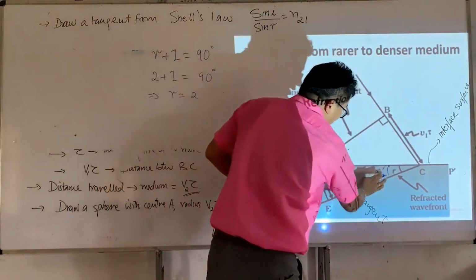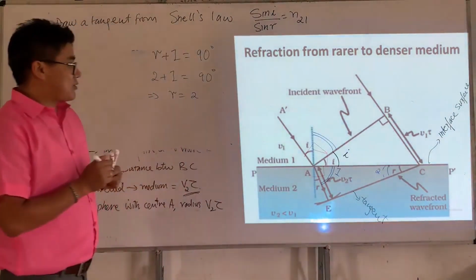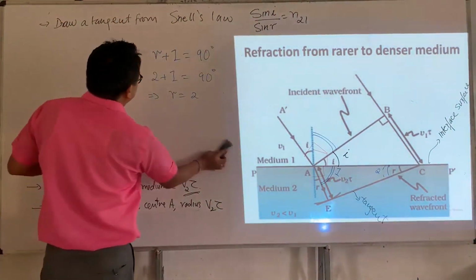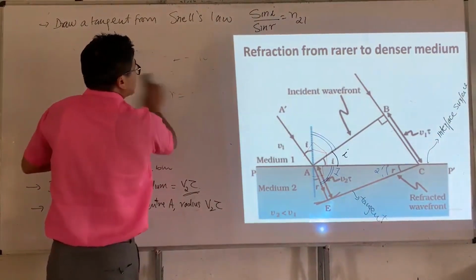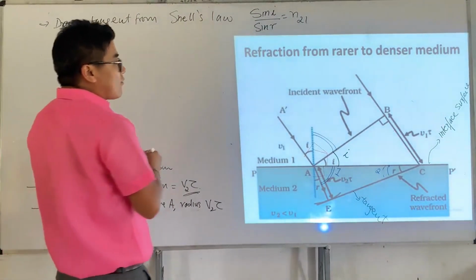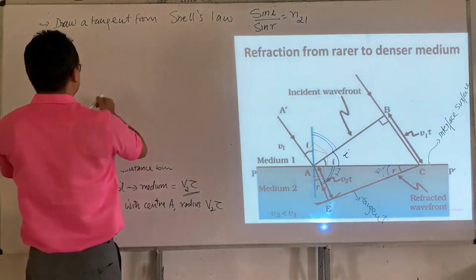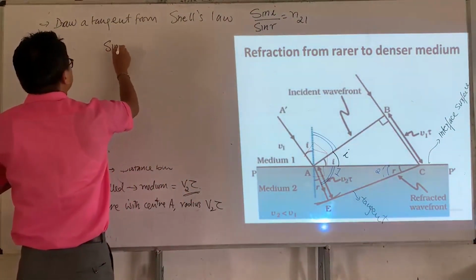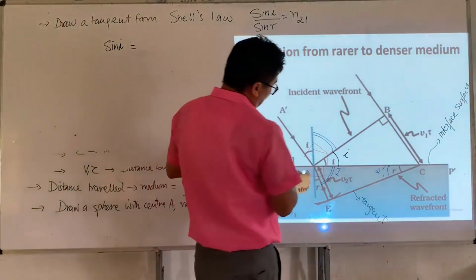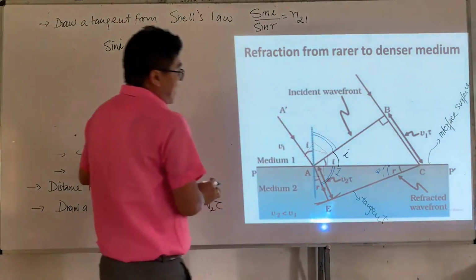So angle R is angle 2, right? So once we obtain this, then what we can do is use the formula. So what is sin I? Sin I is equal to perpendicular divided by hypotenuse.